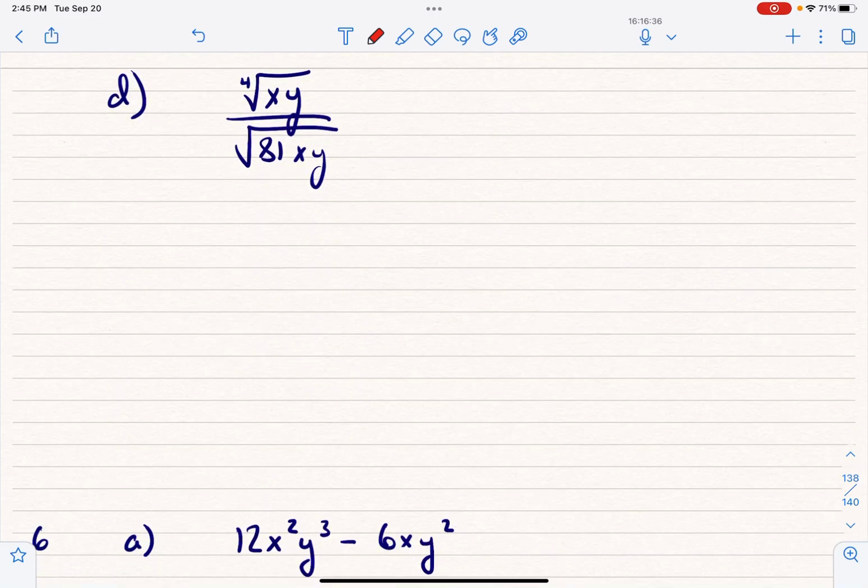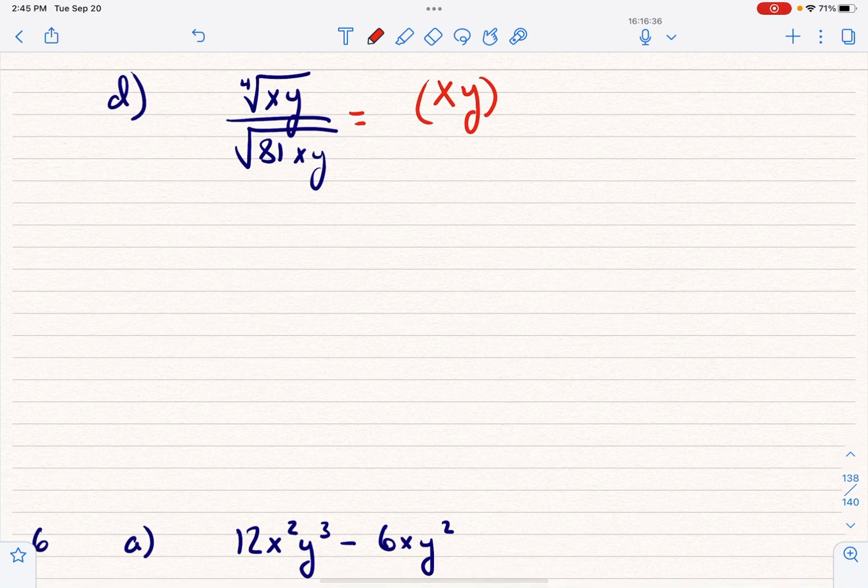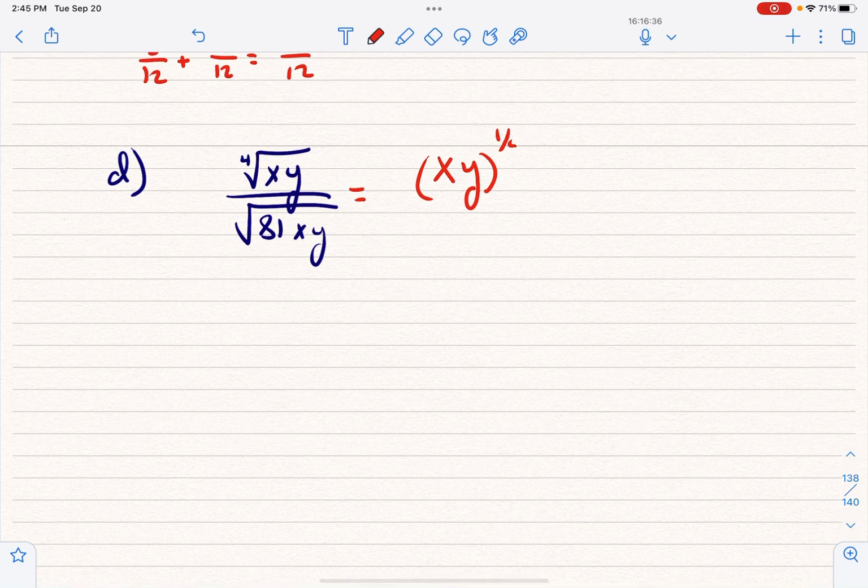All right, part D. This one is a little bit more complicated. I look at this and say, well, let's make this xy to the 1/4 power over, let's see here. Now, I know the square root of 81, so I'm going to go ahead and pull that out. 9 xy to the 1/2 power.